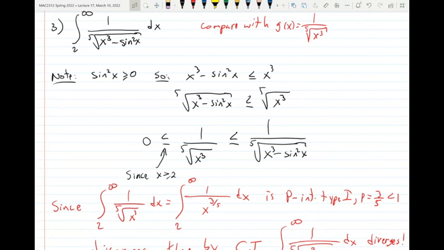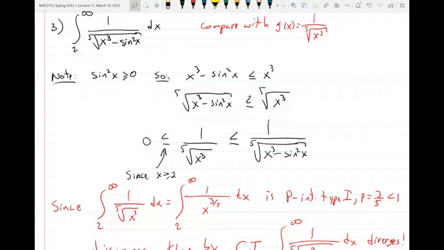Here, the analysis was: look, sine squared is always greater than or equal to 0, so between 0 and 1. So when you do x cubed minus sine squared, that's going to be less than or equal to x cubed, because here you're doing x cubed minus something positive. So this is going to be less than x cubed itself. Does that make sense?